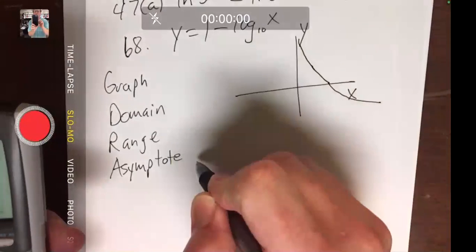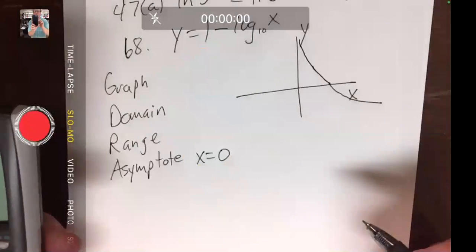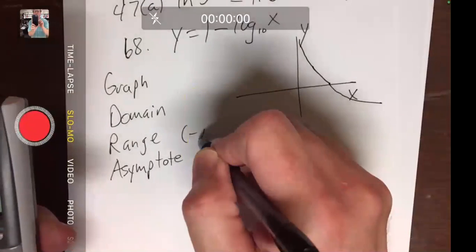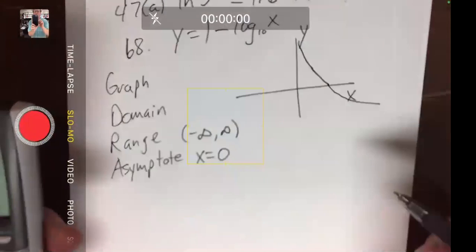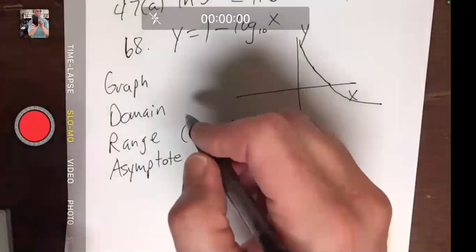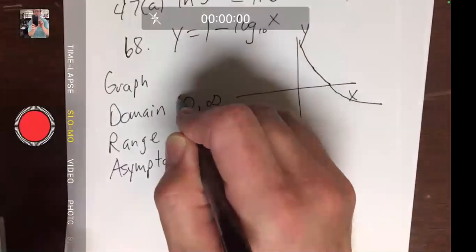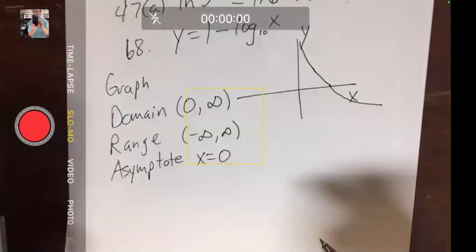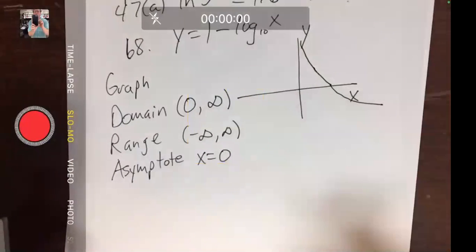So your vertical asymptote is going to be x equals 0. Can you tell your range? Negative infinity to infinity. Your domain is going to start at 0 and go off to infinity. And then you have your graph there.